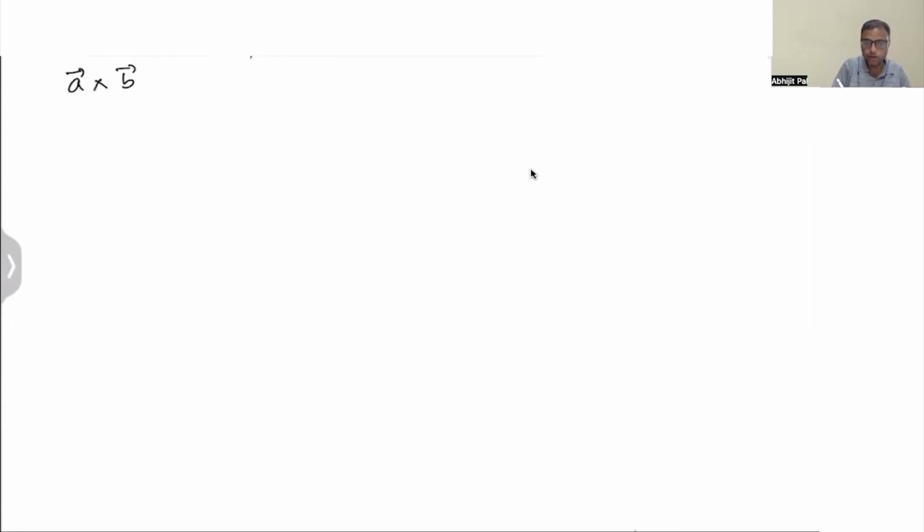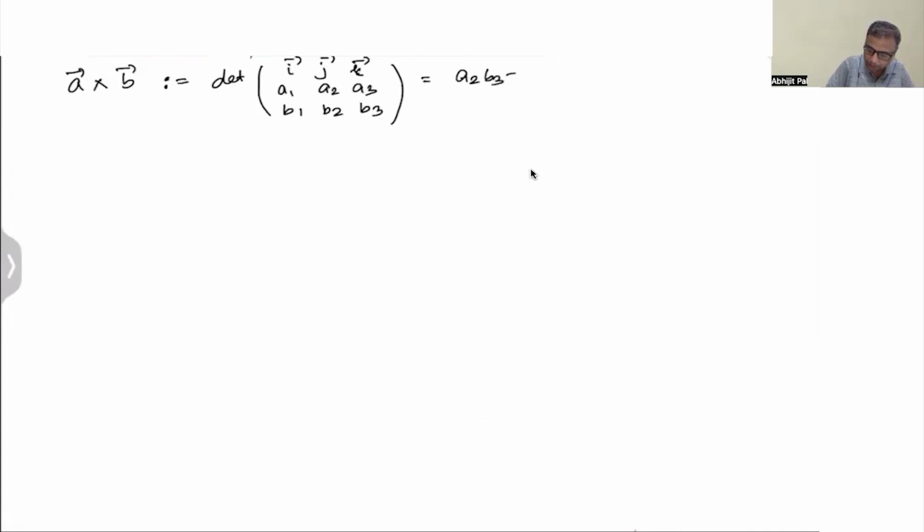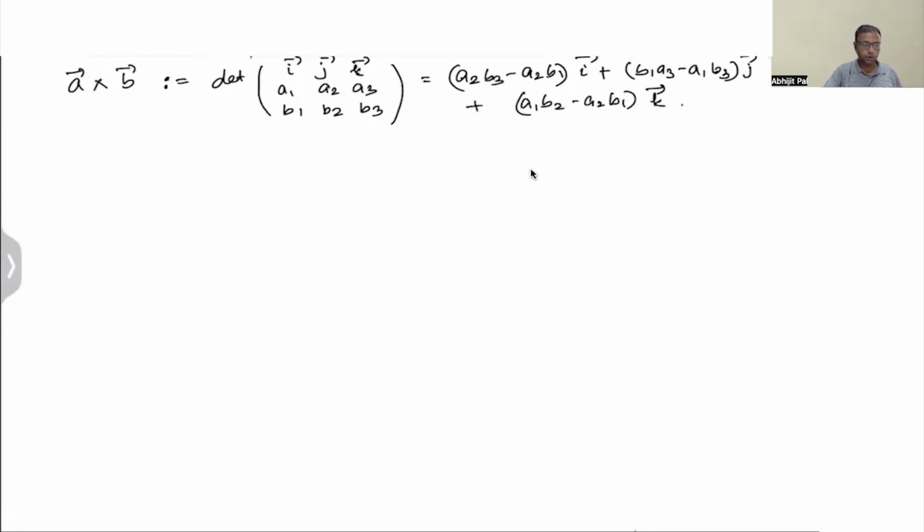It is denoted by A cross B. It is the determinant of the following matrix, which is equal to (A2 B3 minus A3 B2) I bar plus (A3 B1 minus A1 B3) J bar plus (A1 B2 minus A2 B1) K bar. Okay, so this is the definition of cross product.